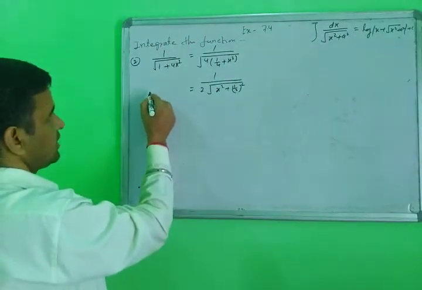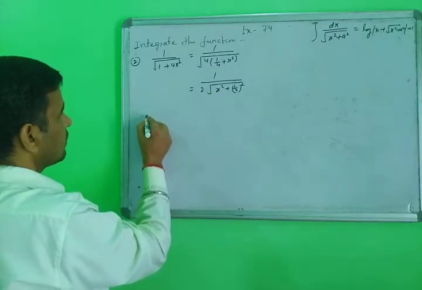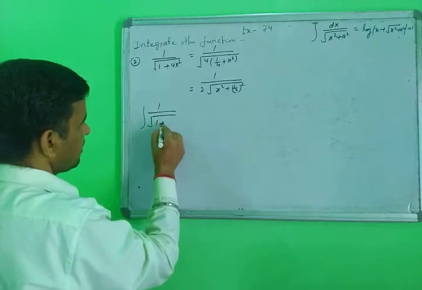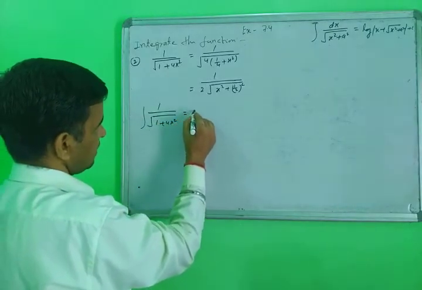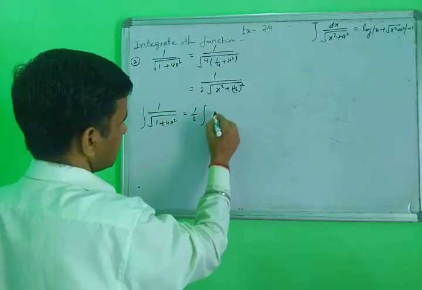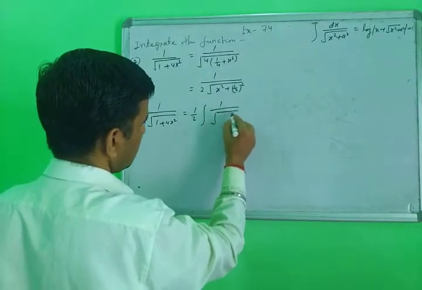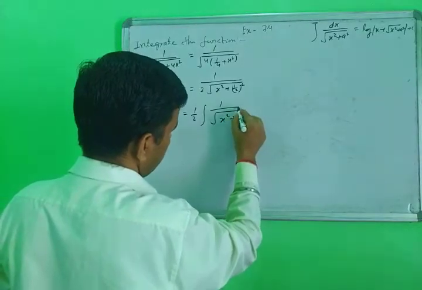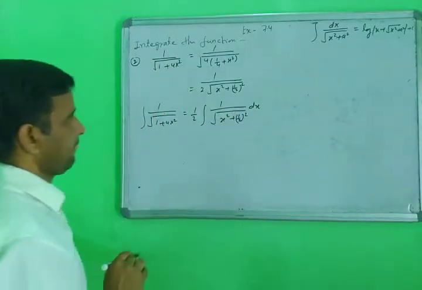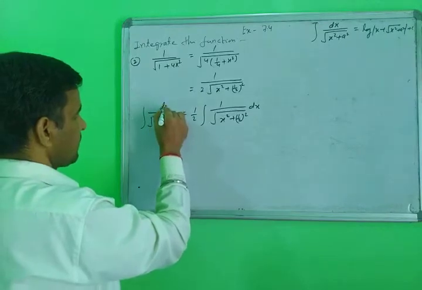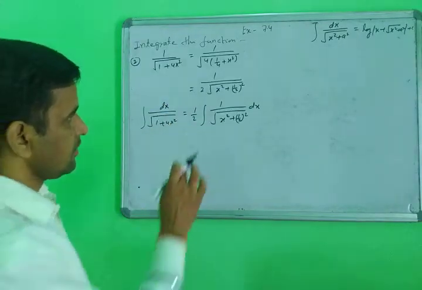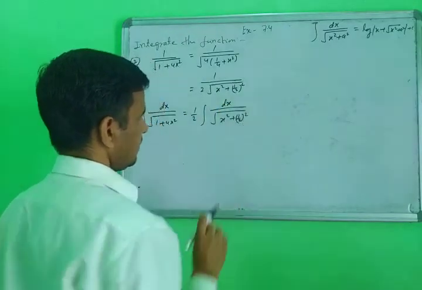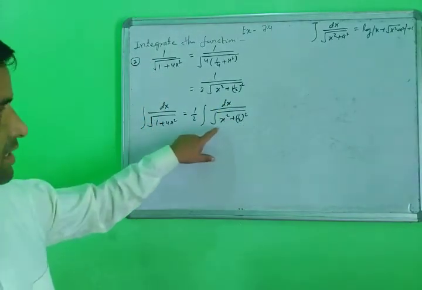So now you can write the integration of 1 upon root 1 plus 4x square as 1 upon 2 outside, integration of 1 upon root x square plus 1 upon 2 whole square dx. So directly you write your dx here. This question is converted into this form.